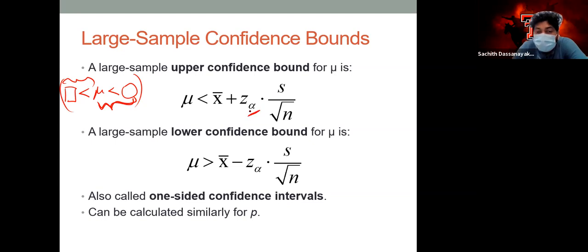Because here you have to use z alpha. To find the confidence interval, you have to use z alpha over 2. There is a small difference, so the value can change. The other side, the lower confidence bound: mu greater than x bar minus z alpha times s over square root of n.